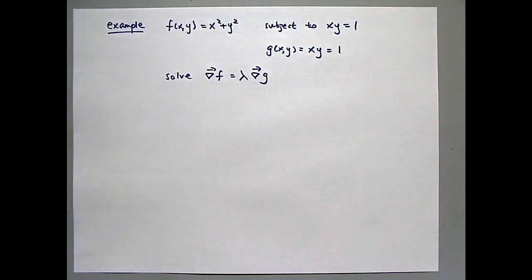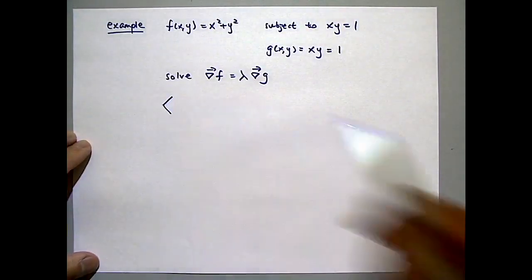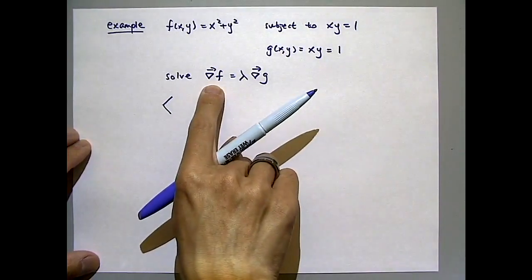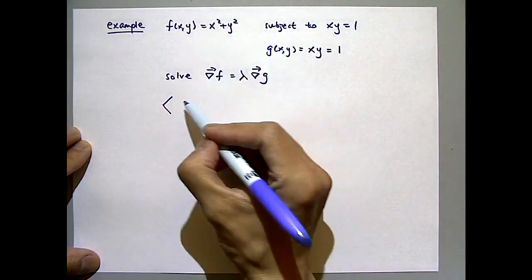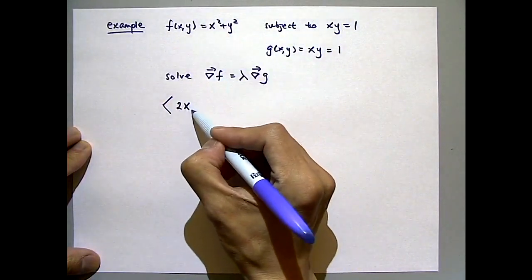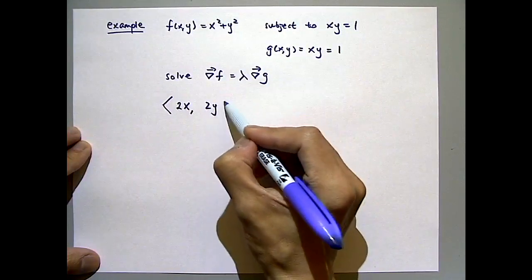The gradient of f is equal to some constant lambda, the Lagrange multiplier, times the gradient of g. Gradient of f, so partial with respect to x, gives me 2x in the i direction. Partial with respect to y gives me 2y in the j direction.